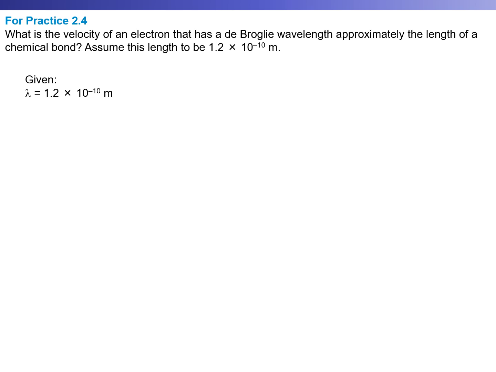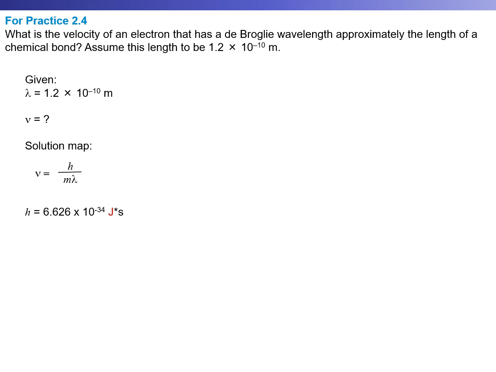That's going to be our wavelength, and they want us to figure out what the velocity is. The solution we're going to use is the de Broglie formula, where we take the velocity and make it equal to Planck's constant over the mass of an electron times its wavelength.